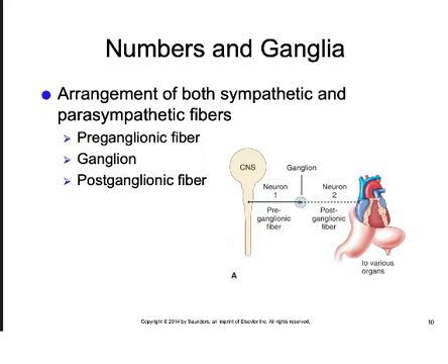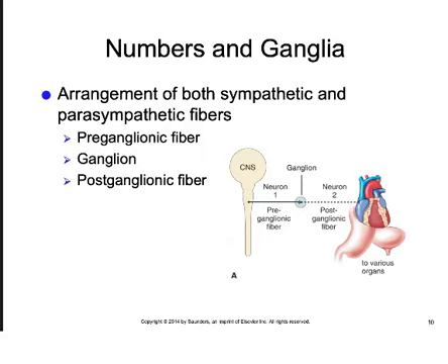Okay, so again, the fact that we use a different neurotransmitter means that there's going to be a different effect on the target. Okay. Remember that the postganglionic runs from the preganglionic to the effector, and the preganglionic runs from the central nervous system to the postganglionic.